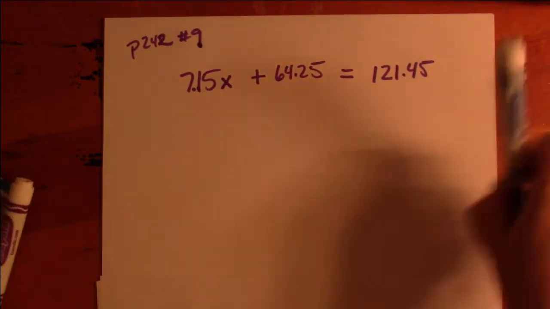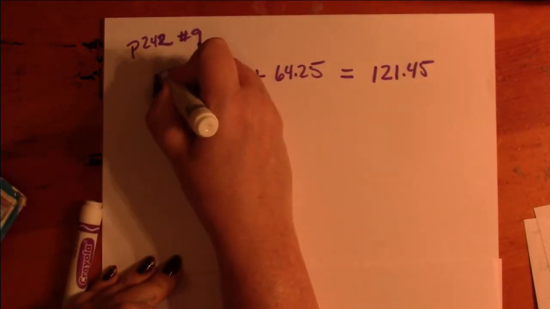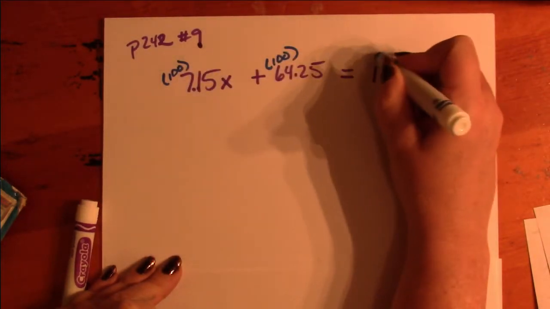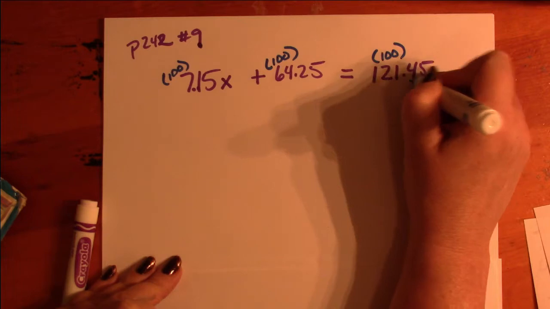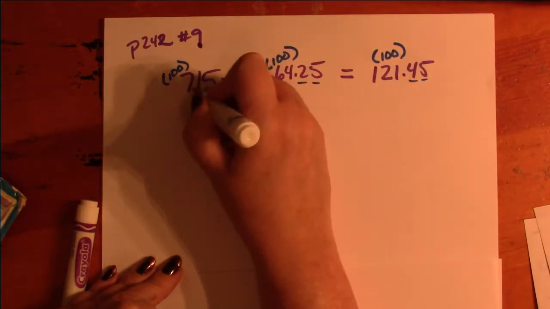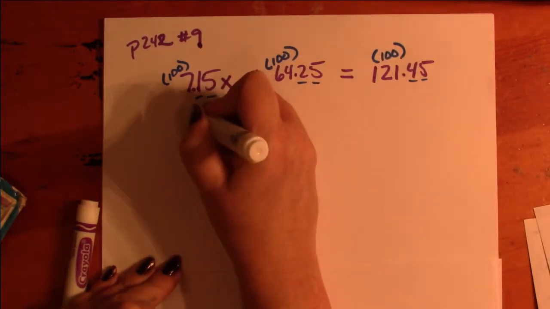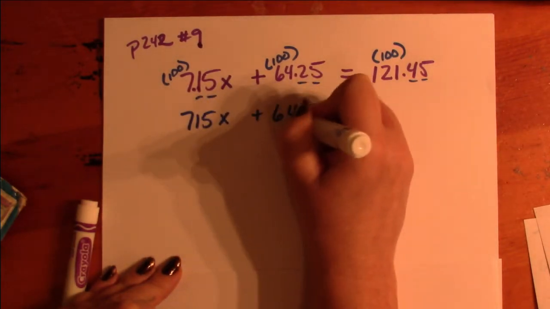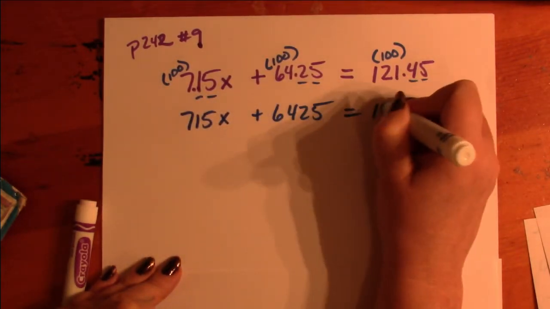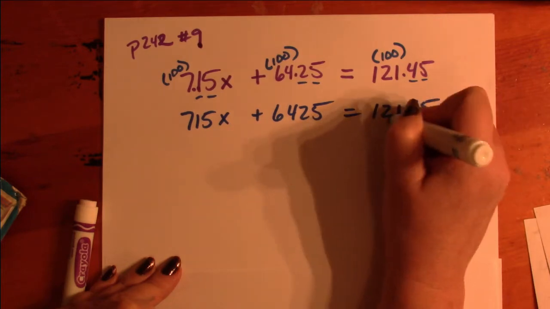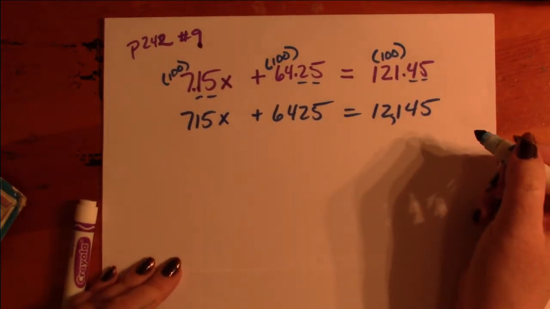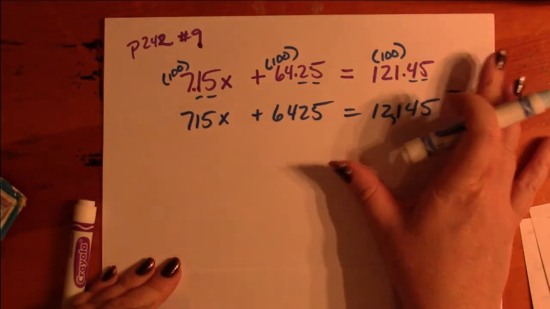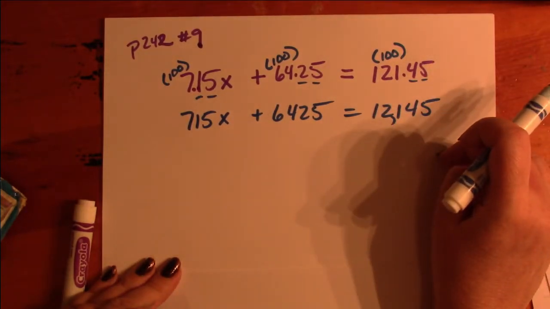So we're going to multiply everything times 100, because there are 2 decimal places. So now we have 715x plus 6425 equals 12,145. Pause here, solve the rest of this, come back when you're done.